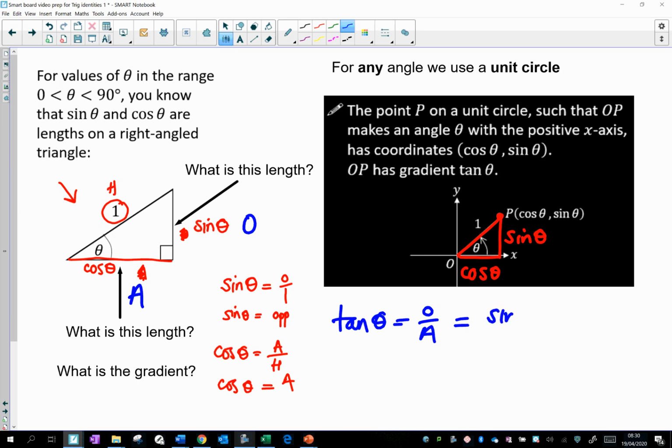But it's also going to be the gradient of this unit line, the line which is 1 unit long. The gradient of the line is the vertical divided by the horizontal, so the gradient is going to tell you tan theta.